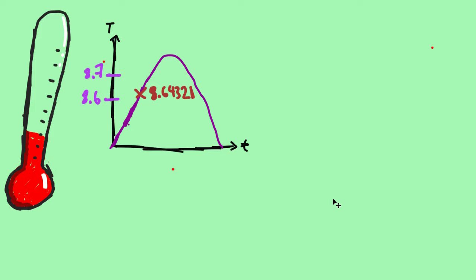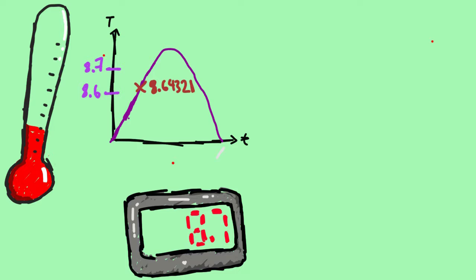So for example, shown here, we have 8.64321, etc. Whereas, if we had a digital thermometer, like the one I have, it is only allowing one decimal place. So the resolution of this digital thermometer is limited to 0.1. And we cannot measure the exact value at any point in time.